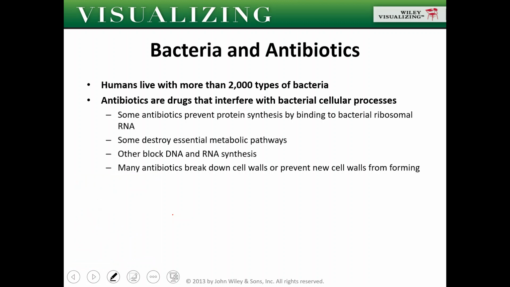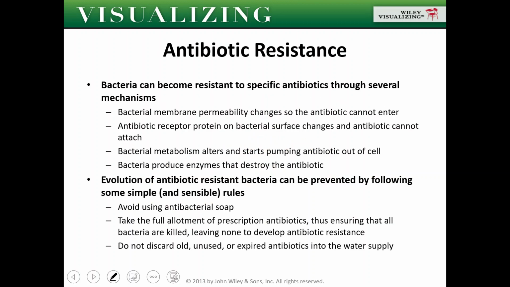Antibiotics can target and inhibit protein synthesis. Other antibiotics can inhibit metabolic pathways. Some block synthesis of DNA and RNA, many break down the cell wall. So they have a variety of actions, but they're not very deliberate. And the problem is that bacteria can become resistant to antibiotics.